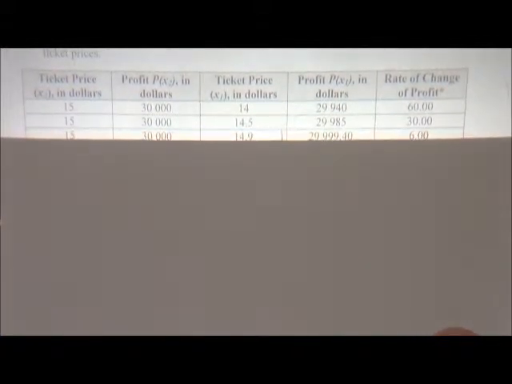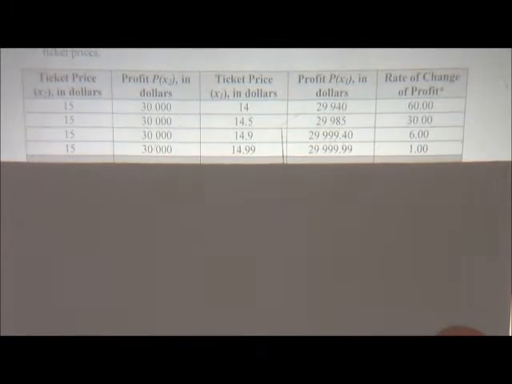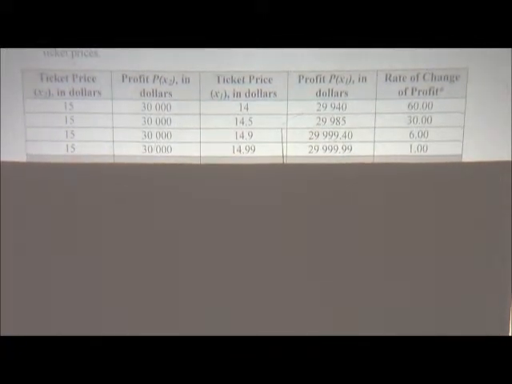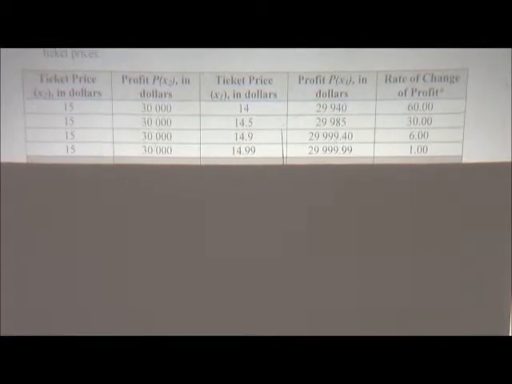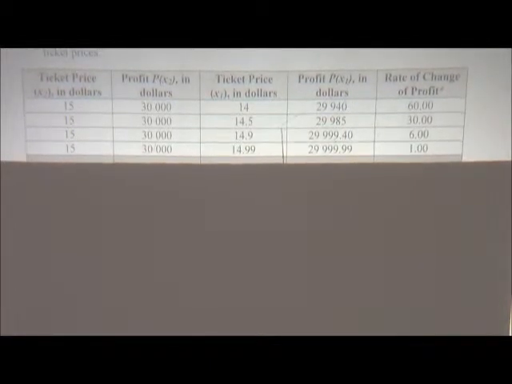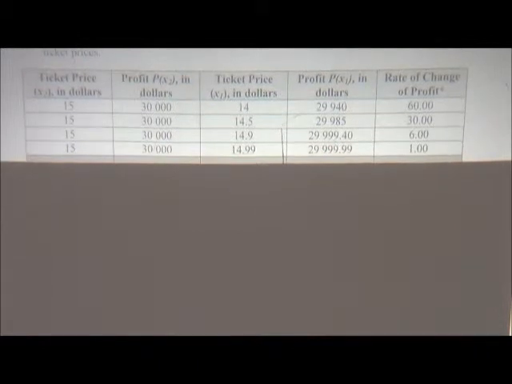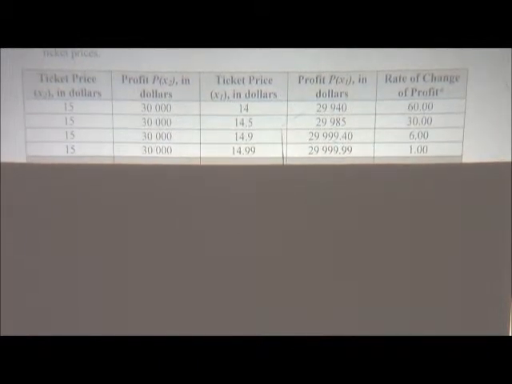okay, so as we fill in that table, the first four calculations are for the preceding interval when the ticket price is lower than the $15 mark, and then we're slowly going to go up towards that $15 mark, so $14.50 and $14.90, followed, of course, by $14.99.